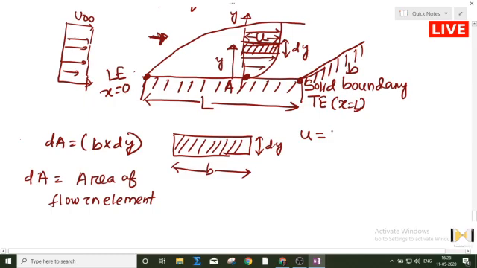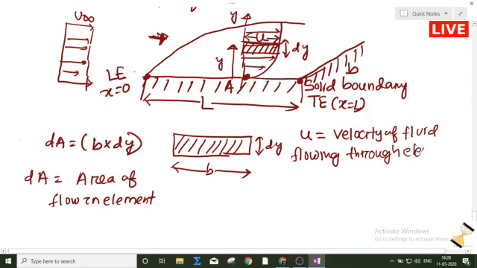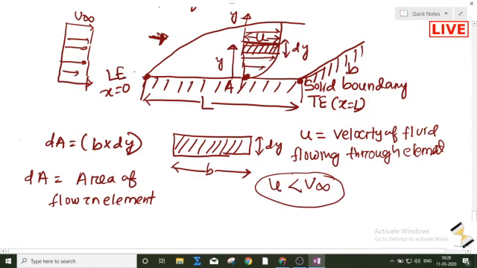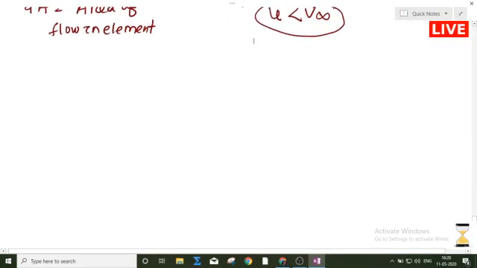Small u is the velocity of fluid flowing through the element. This u is definitely less than u infinity, the free stream velocity, for sure.